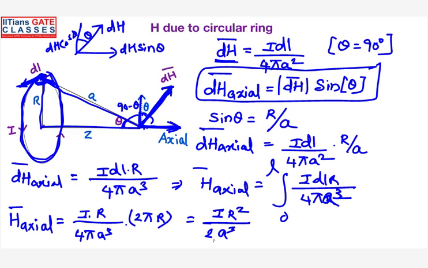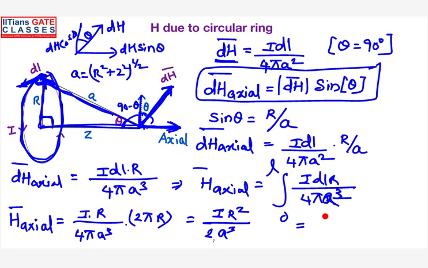And you can see here the value of a can be written as r square plus z square whole power 1 by 2. You can see the simple triangle. There is a 90 degrees angle here, so the hypotenuse can be written as root over r square plus z square. You can substitute the same thing.